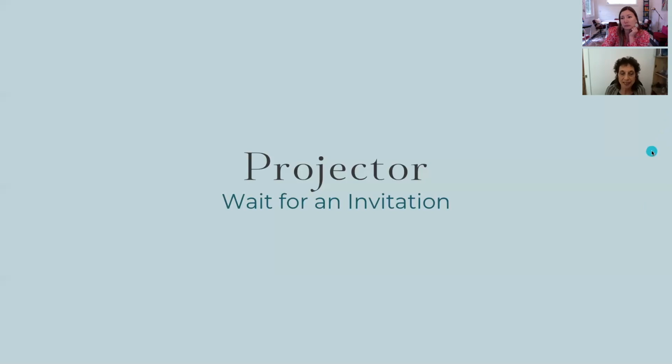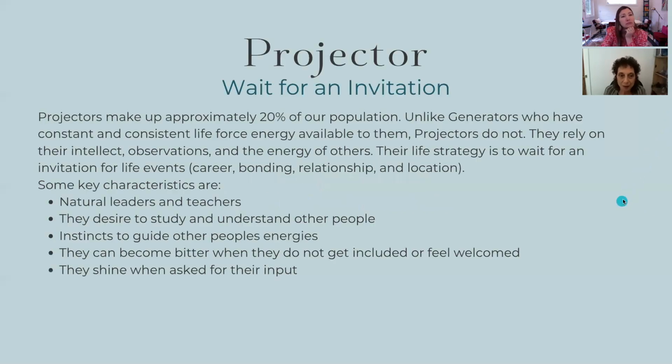Let's look at this slide, and that'll tell a little bit more about what kind of invitations people are looking for as a projector. So as a projector, 20% of the population, they just don't have the sacral center colored in. They don't have that consistent energy that's available to them. And they are very, very intelligent.